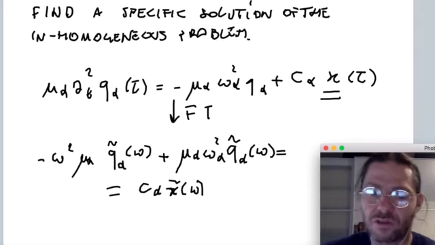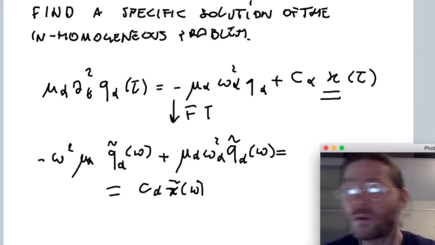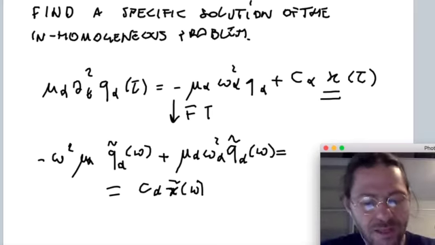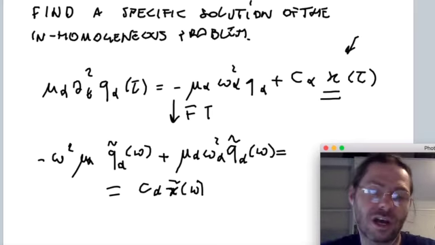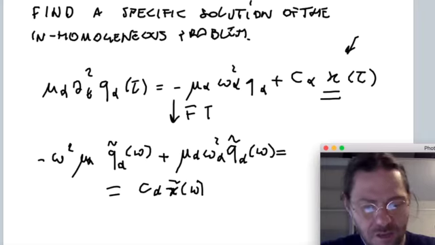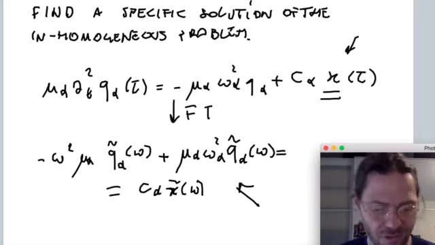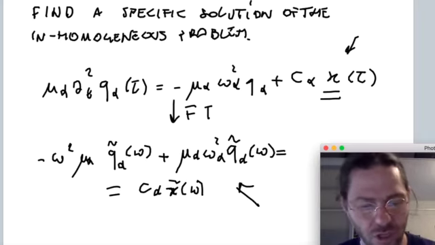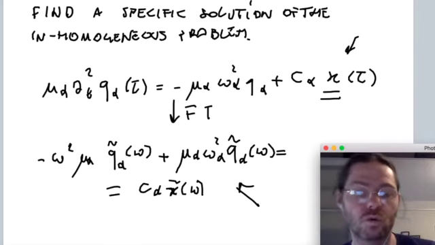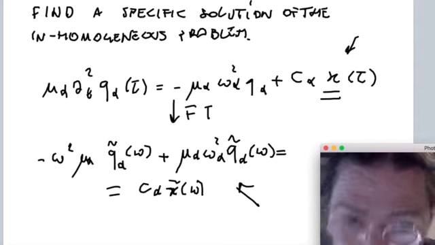But the Fourier transform of a product of functions would be a convolution. So if instead of a linear coupling here I had a quadratic coupling, then this expression would be much more involved, and it would not correspond simply to a sum of Fourier transforms.